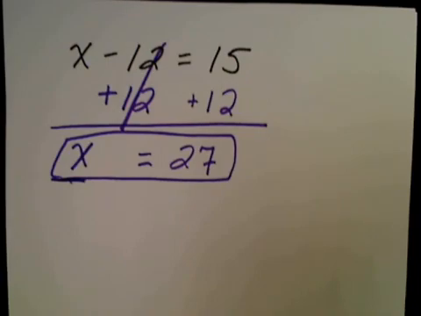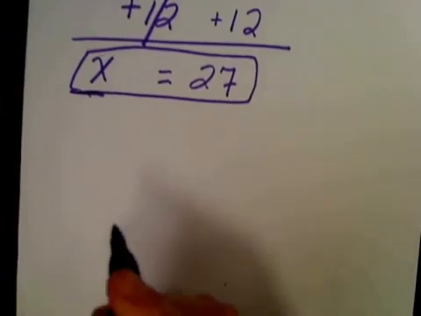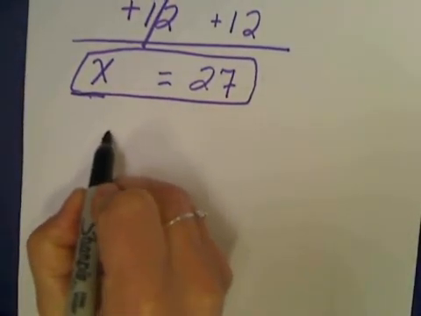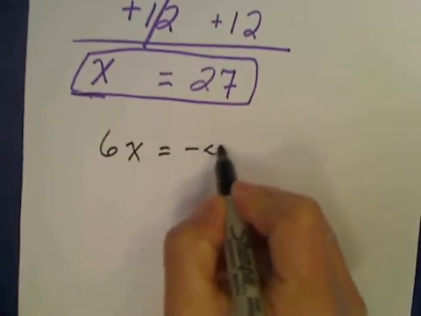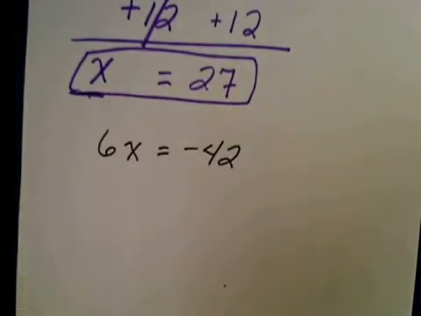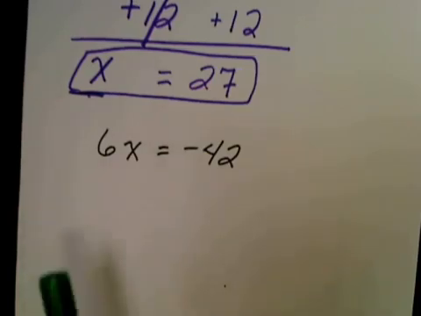Now, we've had other one-step problems. We've had something like 6x is equal to negative 42. Once again, you have to identify what operation you have. We have 6x. When you have a number and a letter mushed together, it means multiplication.